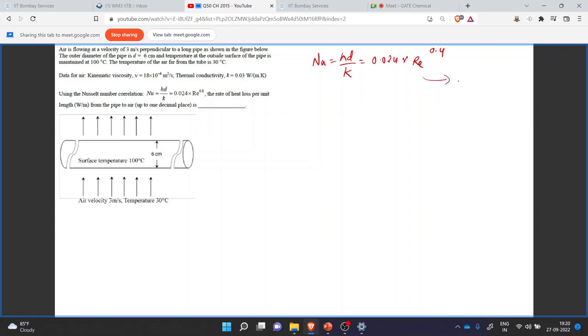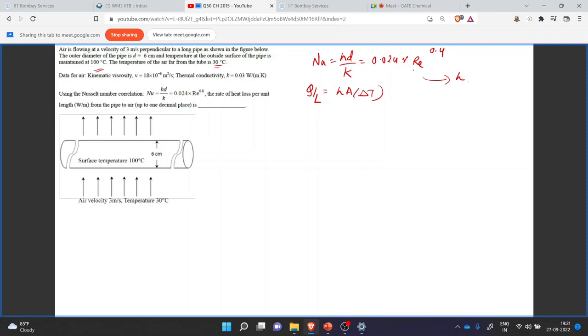So from this equation we can get h, and then we have been asked to find Q upon L. So we can find it as hA delta T, where delta T will be 100 degrees Celsius minus 30 degrees Celsius, the temperature difference. Basically, from the Nusselt number correlation, we will be getting the heat transfer coefficient, and putting it in this energy balance equation to find the heat loss per unit length.